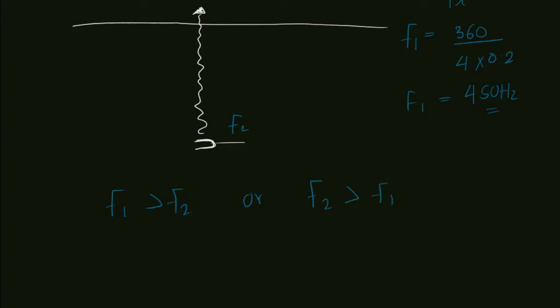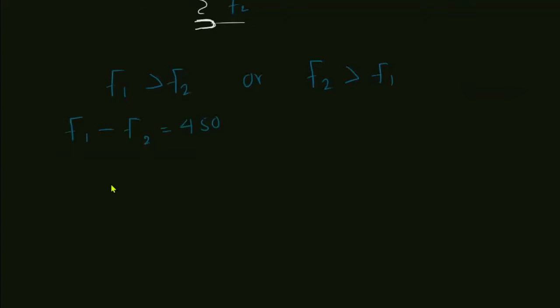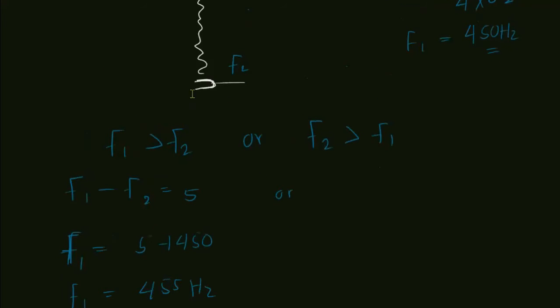If F1 is greater than F2, then F1 minus F2 is 5 hertz. Sorry, this is not 450, it's 5. So F1 can be 455 hertz. Or if F2 is greater than F1, we should write F2 minus F1 is 5 hertz.